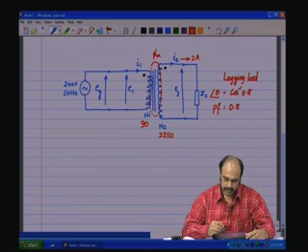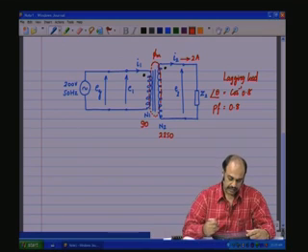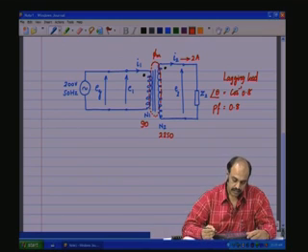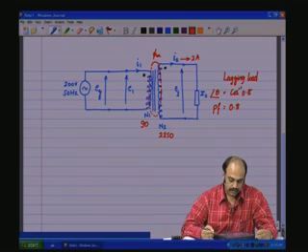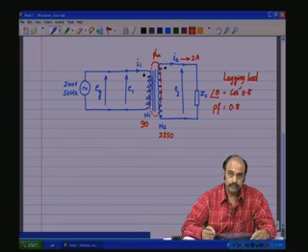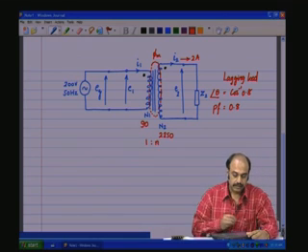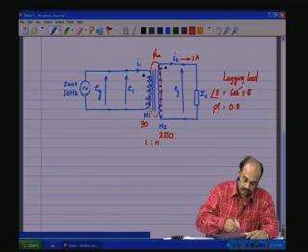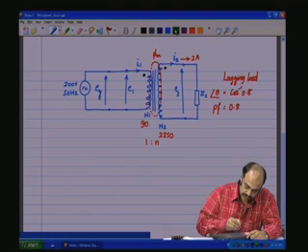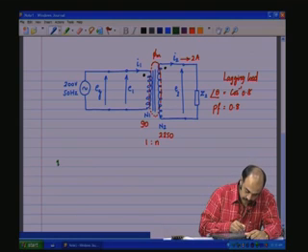Now, this being the description of the circuit, let us try to see what information we can extract. And this is a 1:n transformer. So, let us first see what is the turns ratio.